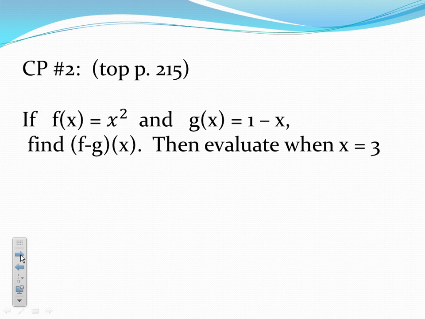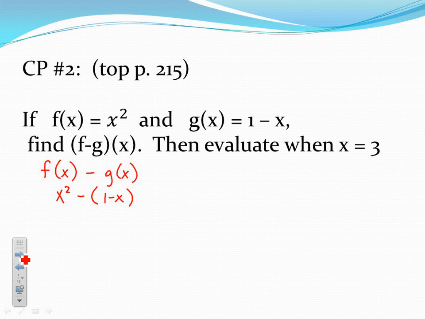Finding f minus g of x. Same exact functions as the problem before. But if we take f of x minus g of x, then we will have x squared minus 1 minus x. Okay, now here's what I was talking about before. Careful when you subtract.